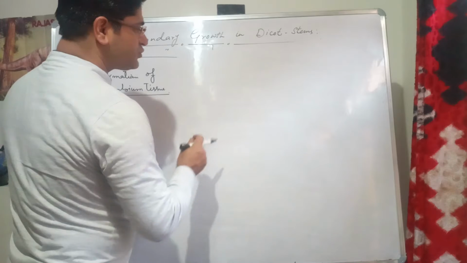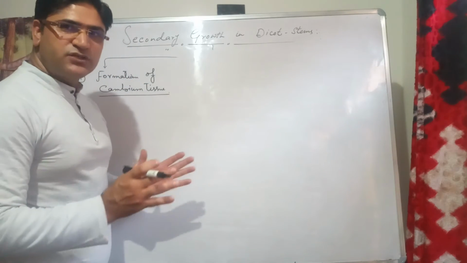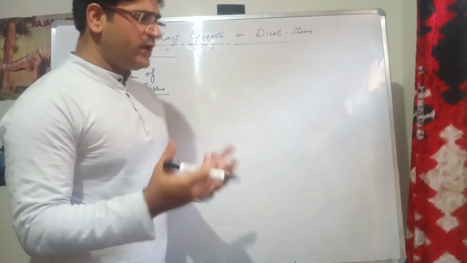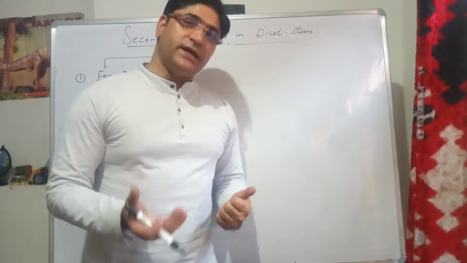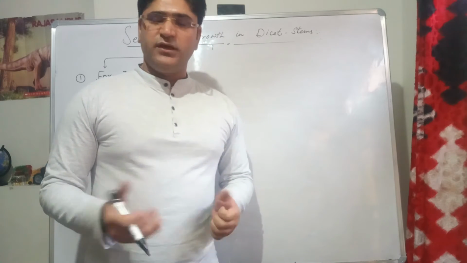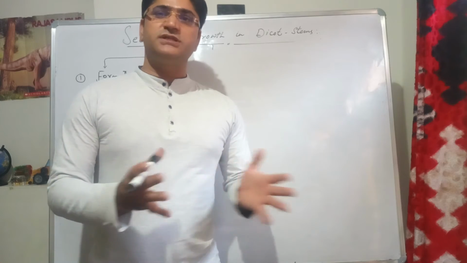Now you have understood. If I give you the overview of the different layers which you have gone through already, you have gone through the anatomy of root, stem and leaf as well. Now you know the different zonation which occurs inside the root, stems and leaves.